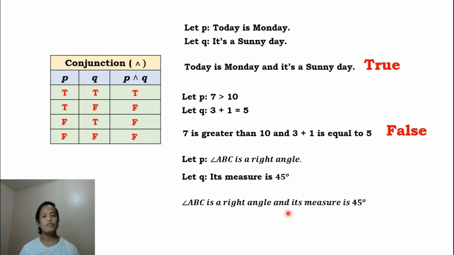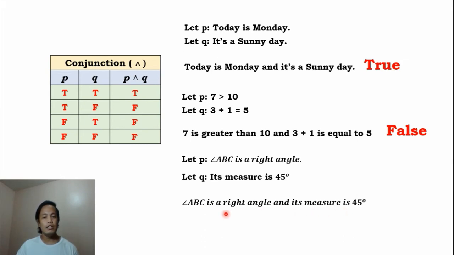So if we are going to validate this statement, angle ABC is a right angle. So let us assume that angle ABC is a right angle. So this is a true statement that falls under either of these two statements. Okay, ABC is a right angle. Now let's proceed to the Q. Its measure is 45 degrees, meaning if this is the first statement, the second statement is false.